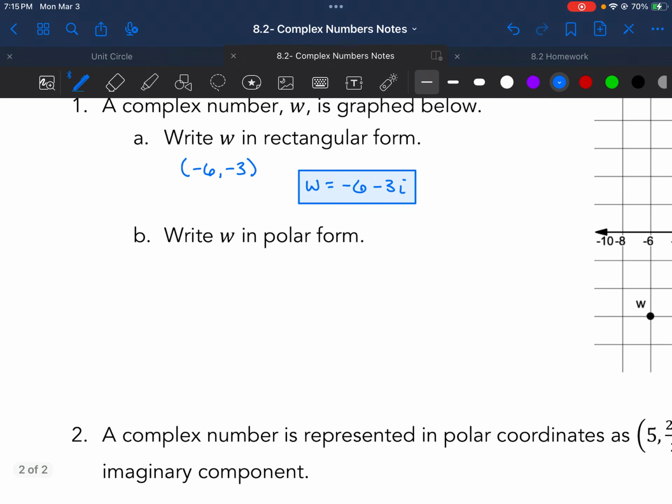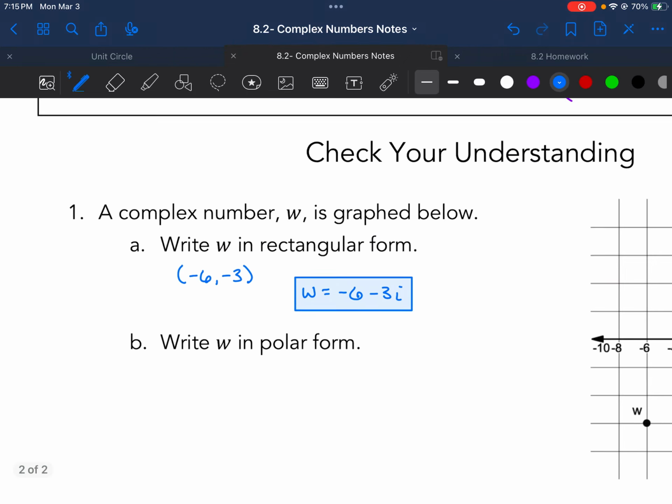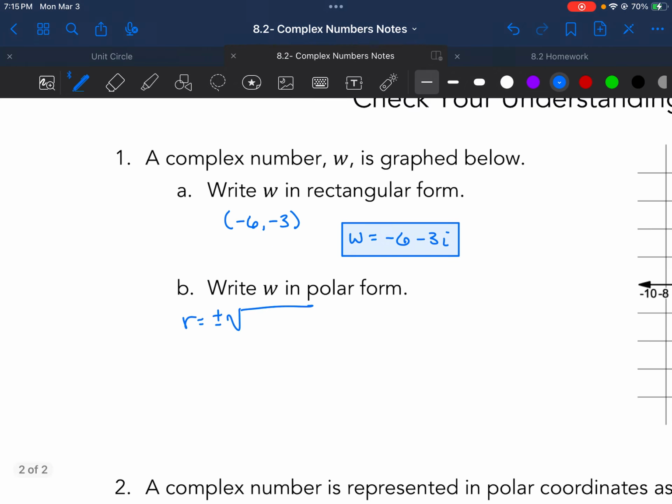All right, now let's write w in polar form. To be able to write it in polar form, we need r and we need theta. Okay, so r equals plus or minus the square root of the x value squared, -6 squared, plus the y value squared, -3 squared.